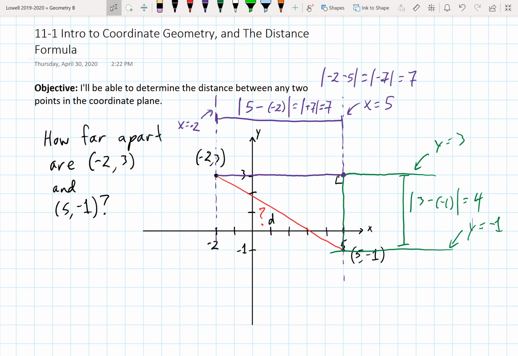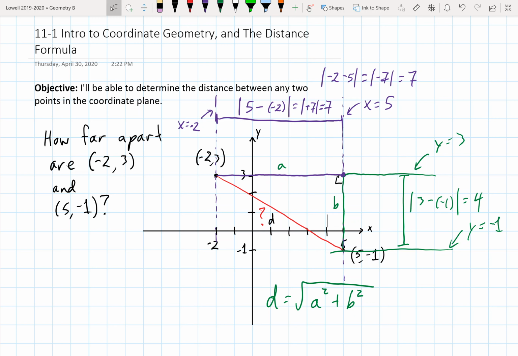This gives you the length of each leg of this right triangle. And so the length of the hypotenuse would simply be the square root of a squared plus b squared, where one of the legs is a and one of them is b.